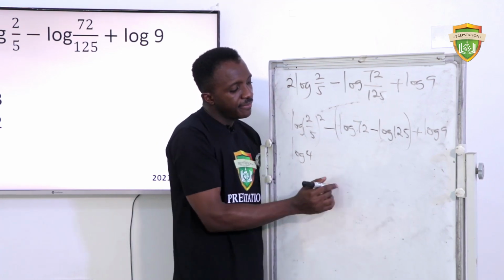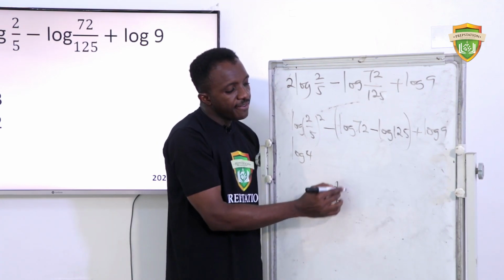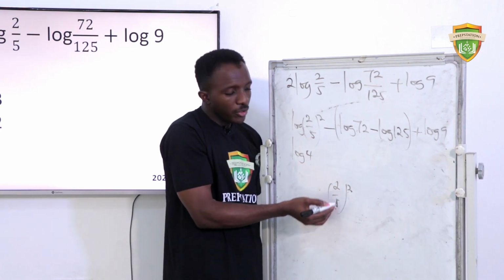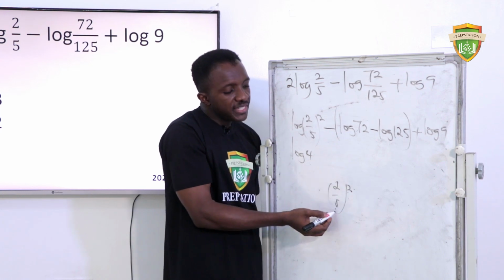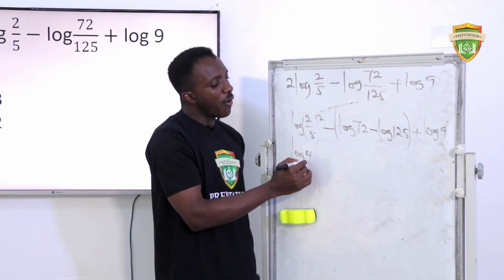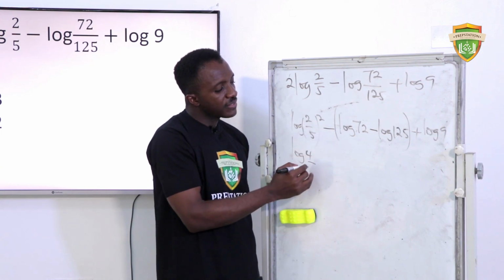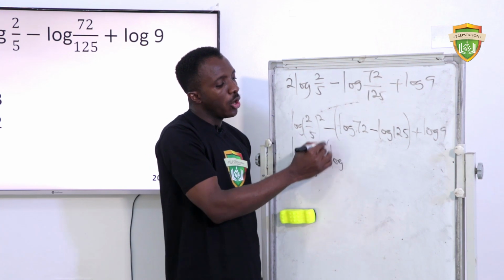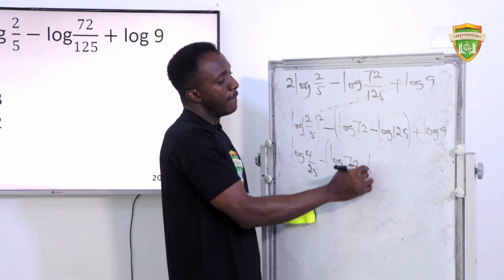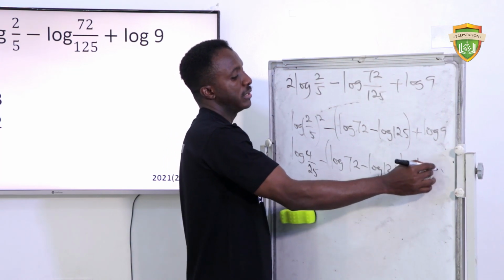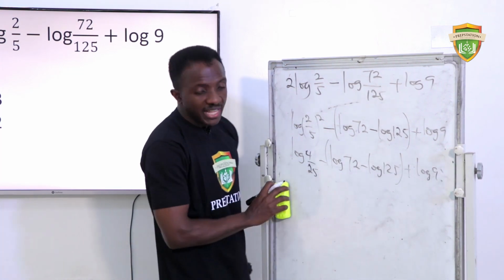So when I have 2 over 5 squared, the square applies to both. So this is 2 squared and this is 5 squared. That's the same thing. So we can have 2 squared is 4 and then 5 squared is 25, minus log 72 minus log 125 plus log 9. Do we see that?